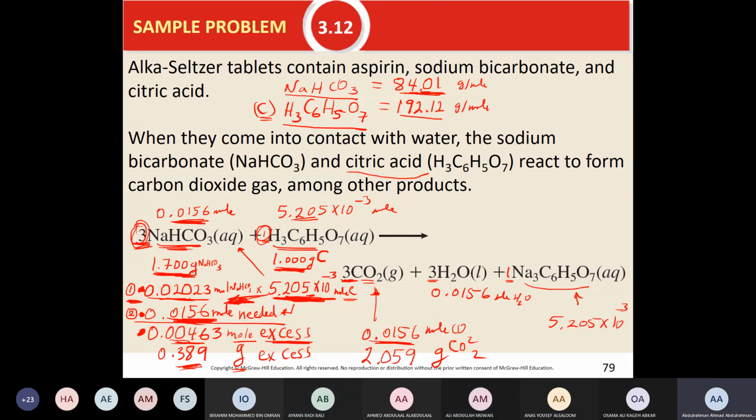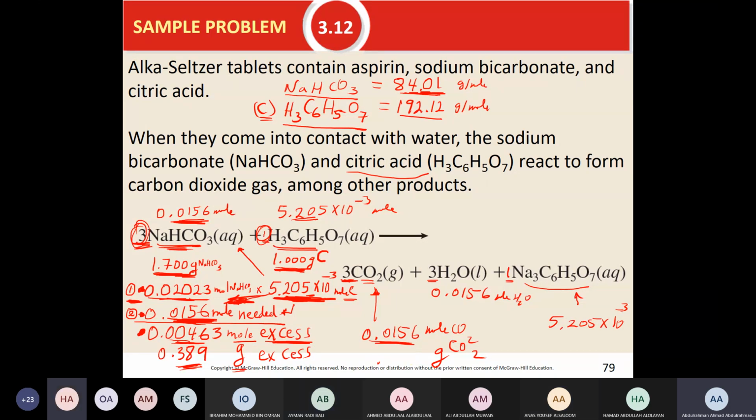Anybody got the same answer? How much, doctor? Wrong. I got 0.686. Yeah, me too, Yusuf too. Yes, 0.686. That's the correct answer here.